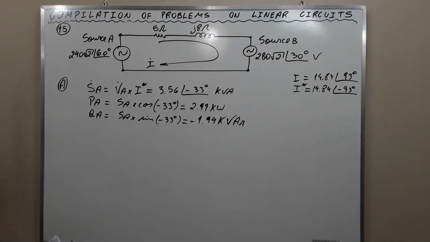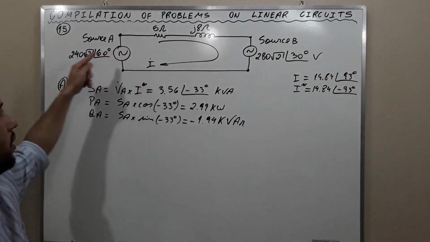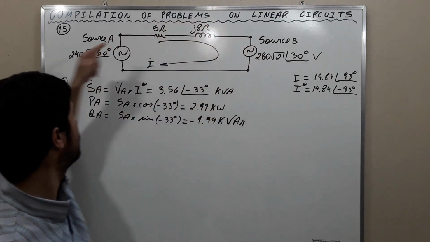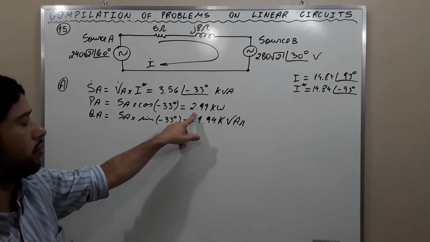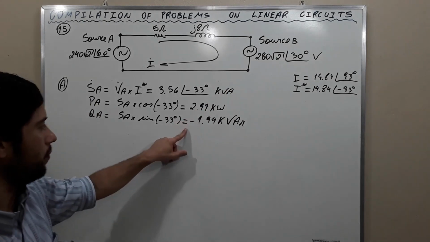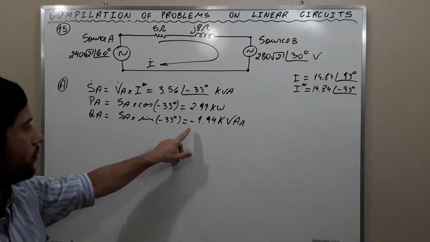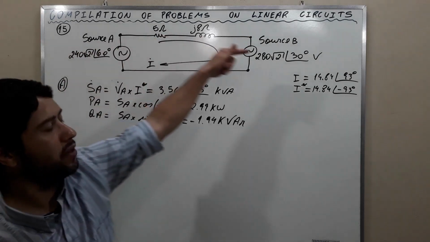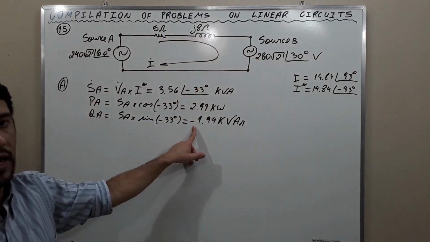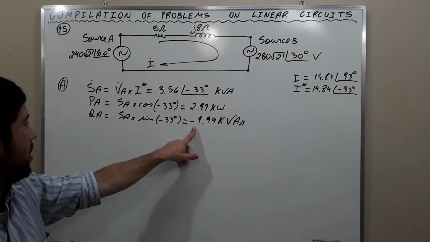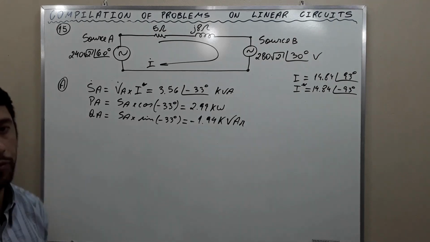And as we need to understand from the perspective of the current, the reference is from source A to source B. As the current is from source A to source B, and I find a negative number here, it means that source A is actually consuming reactive power.